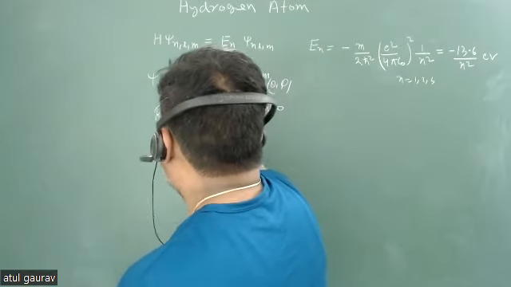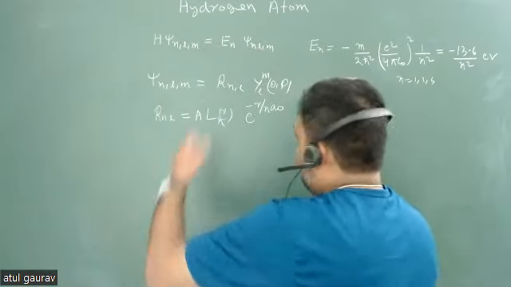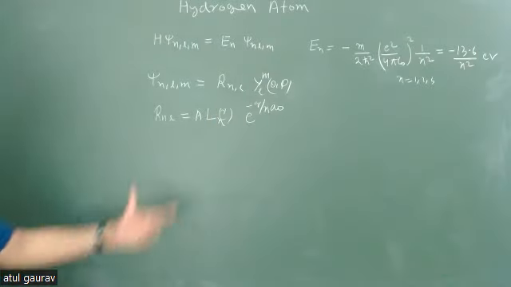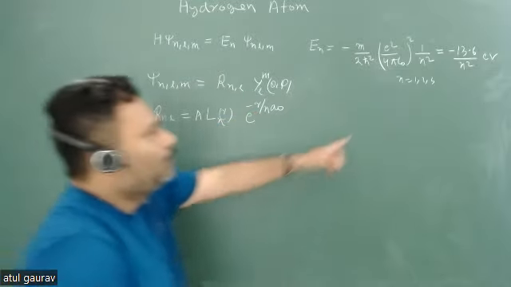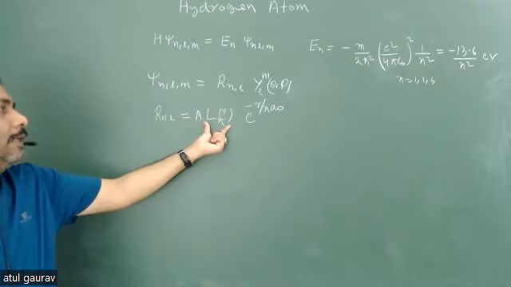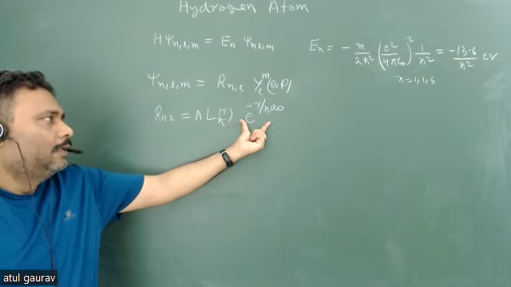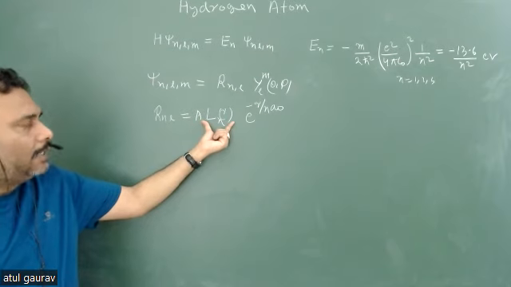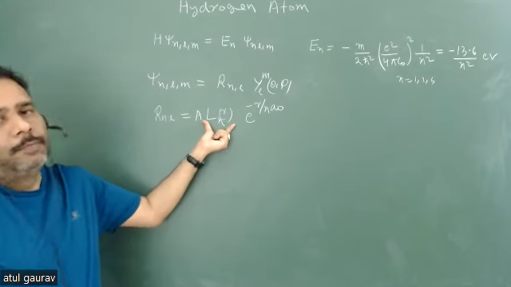And you have some normalization constant A also there. Okay, so this is your radial wave function, and the value of n is obviously from 1, 2, 3 and so on. This is an algebraic function, and this is the exponential function that comes into the picture. And this R n l will take care of the polynomial in rho as well as rho to the power l plus 1.